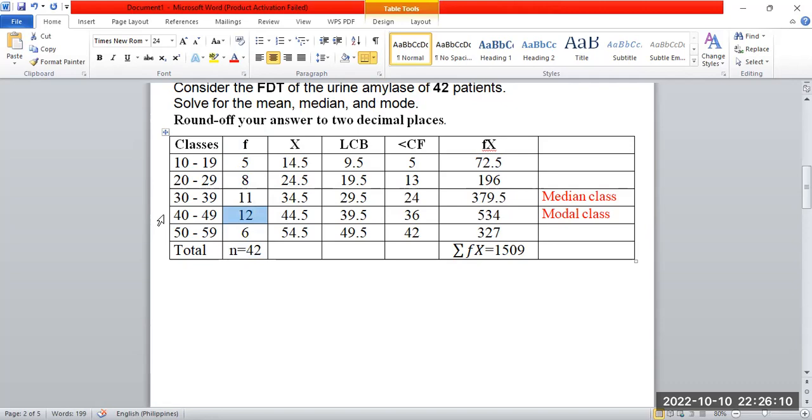So therefore, this row is our modal class. And we have the classes, the frequency, class mark, lower class boundary, and then the less than cumulative frequency. So kompleto na yung kailangan natin for computing the mean, median, and mode.